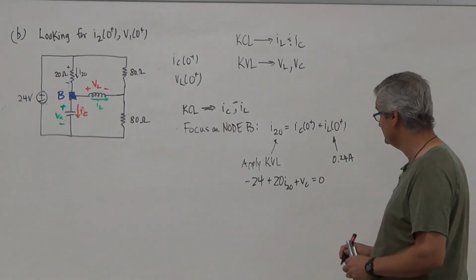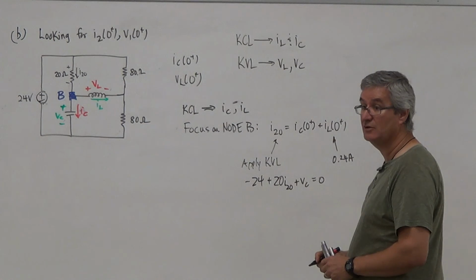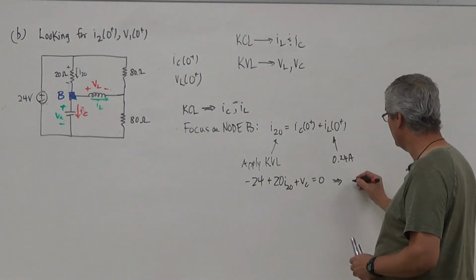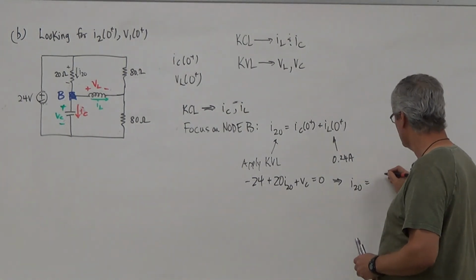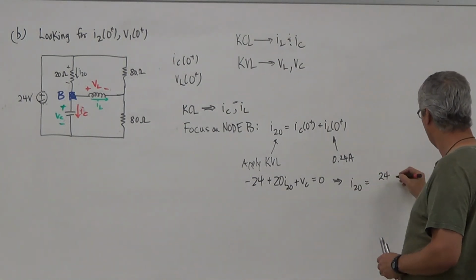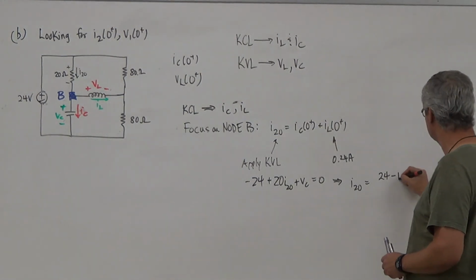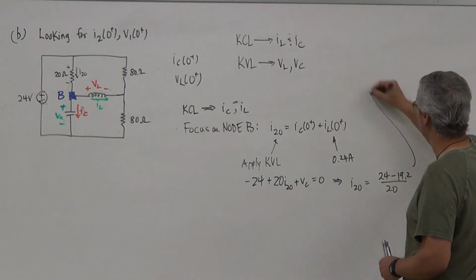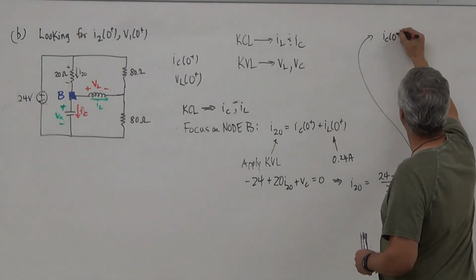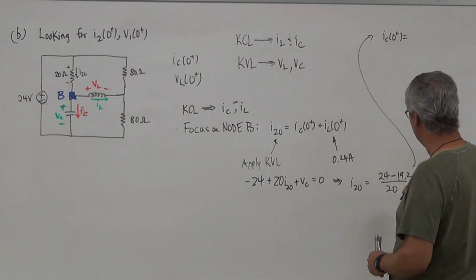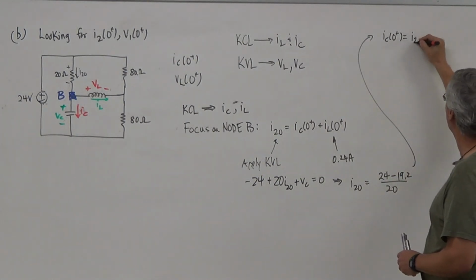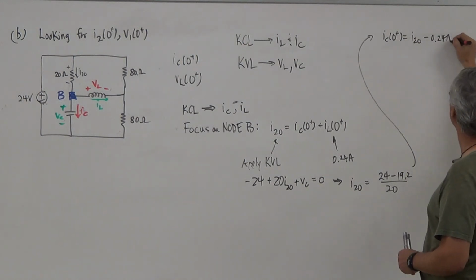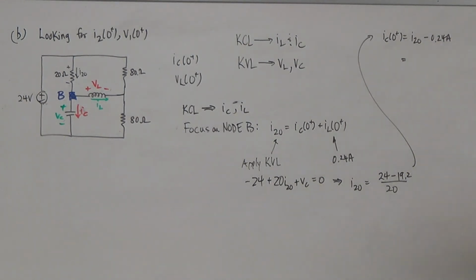So therefore, I got IC here. If you calculate this thing, I didn't calculate it, so you'll have to help me. If some of you have a handy calculator, help me out. You can see that I-20 should be 24 minus the DC, which is 19.2, divided by 20. So therefore, this tells me that IC of 0 plus must be this number minus 0.24 amps. Can somebody calculate that for me?